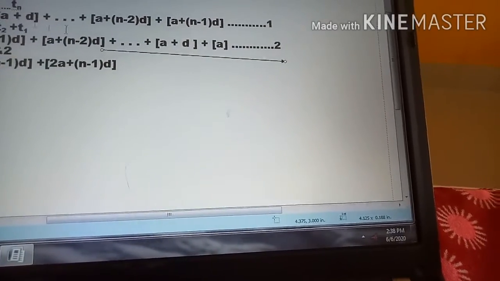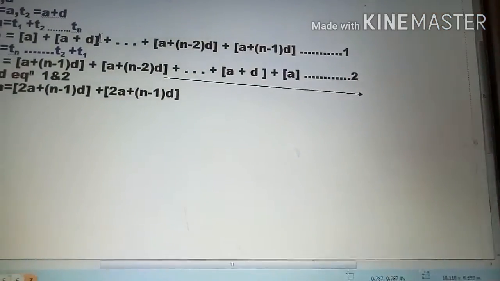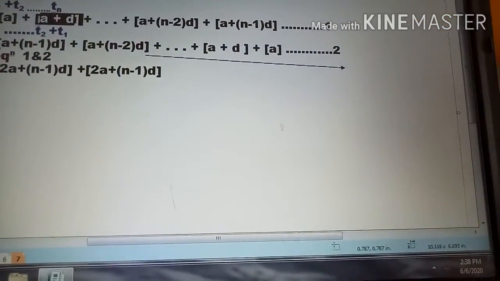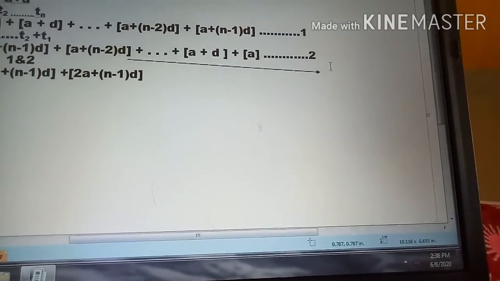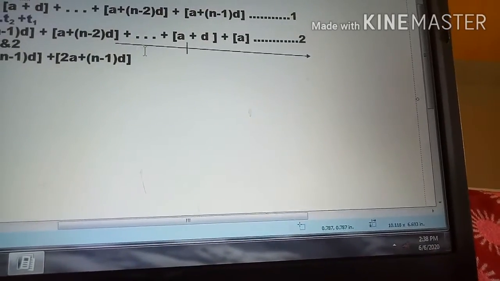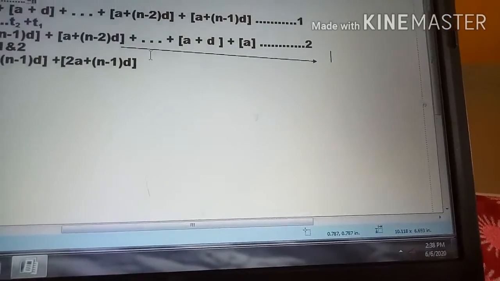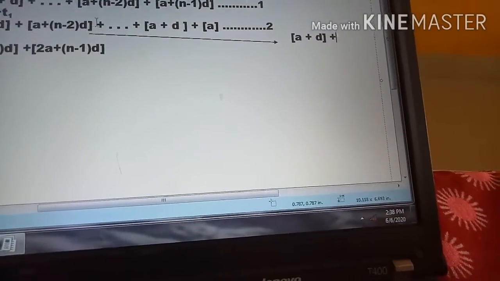See, a plus d, we can take here the second term, a plus d, because we are going to add. And plus the next bracket we are going to add.